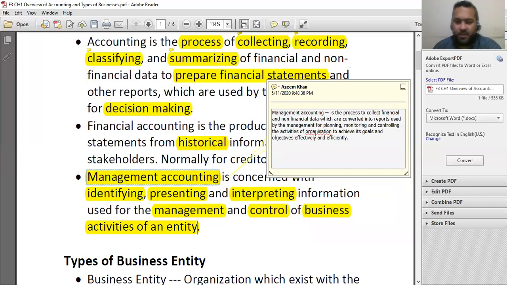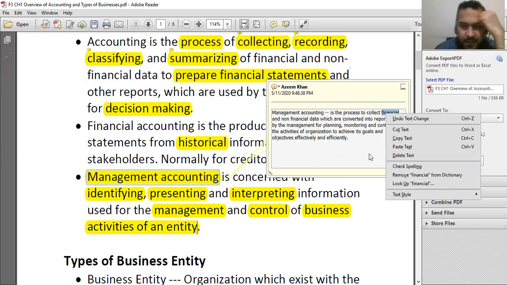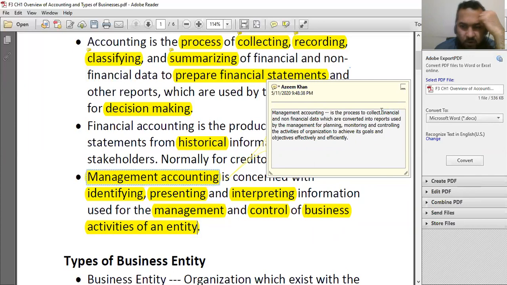Management accounting is the process to collect financial and non-financial data. In financial accounting we are only collecting the financial data, while in management accounting we will collect both financial and non-financial data, and the collected data will be converted into reports or information which will be used by the management.